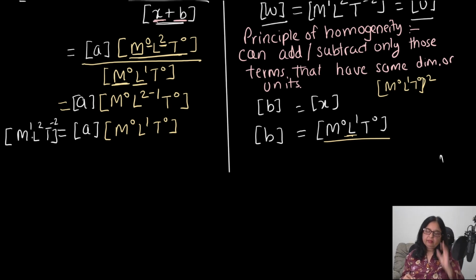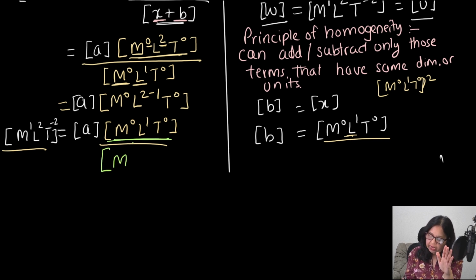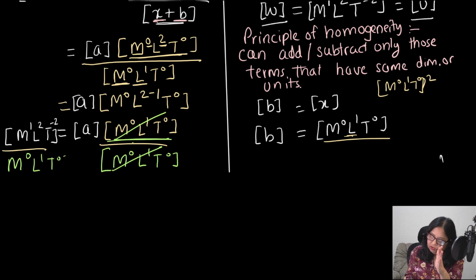Now on the right-hand side, I want the dimensional formula of A, which is A in parentheses by itself. So that means if I divide both sides of the equation by this dimensional formula, M0, L1, T0, then I can get rid of these terms on the right-hand side. Whatever I do on one hand side, I have to do it on the other side as well, or the equation will not stay balanced.